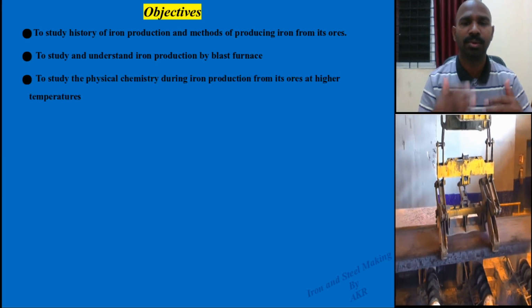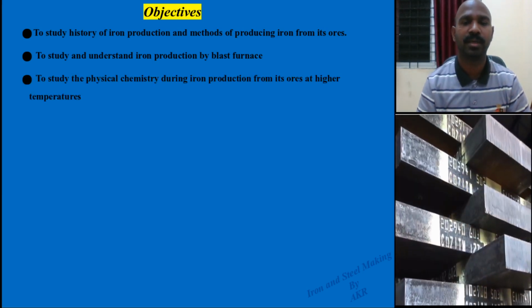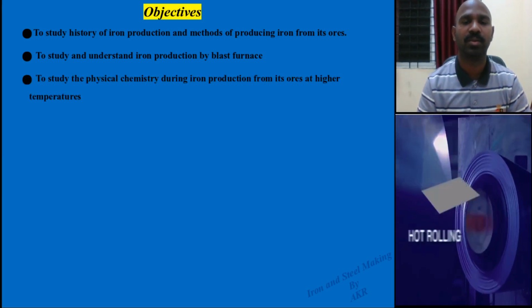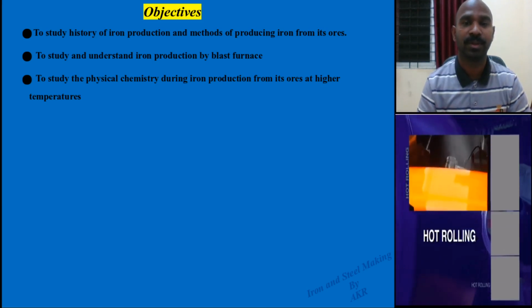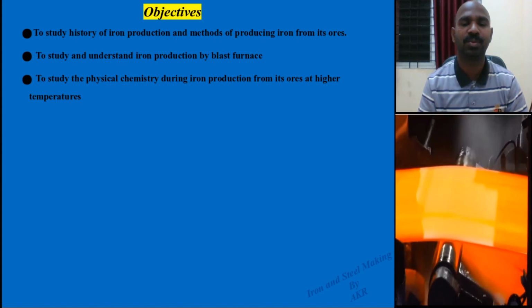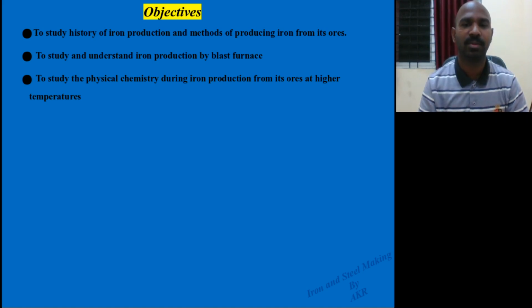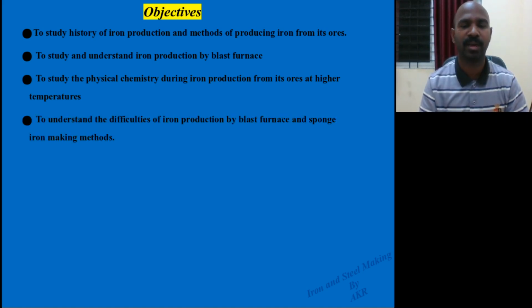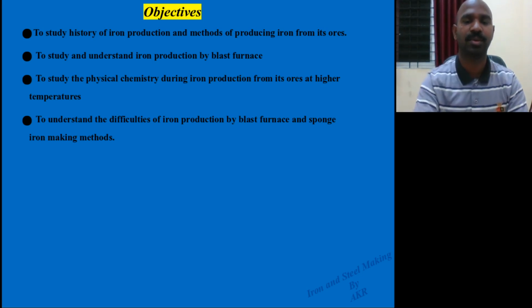And physical chemistry, mainly the principal physical and chemical reactions involved in producing pig iron at higher temperatures. The other point is that even when producing pig iron by the blast furnace or sponge iron by alternative methods, there are certain difficulties involved, irregularities and operation difficulties.